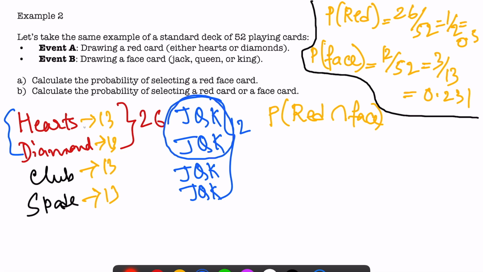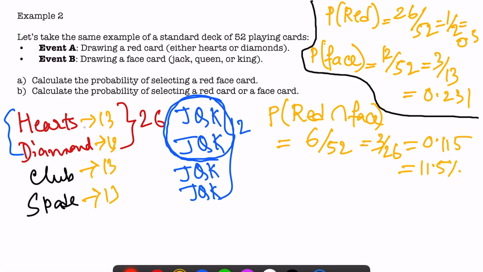So in total we have 6 red face cards. So probability of red intersection face will be 6 out of 52, that is 3 out of 26, which comes around 0.115, 11.5%. So that is the answer of the first part.